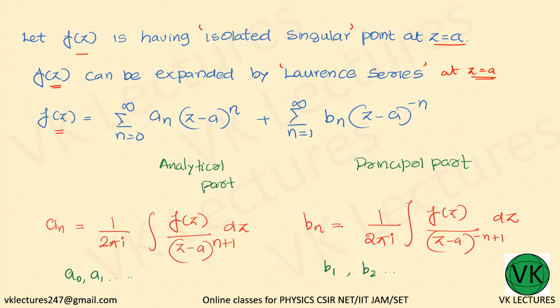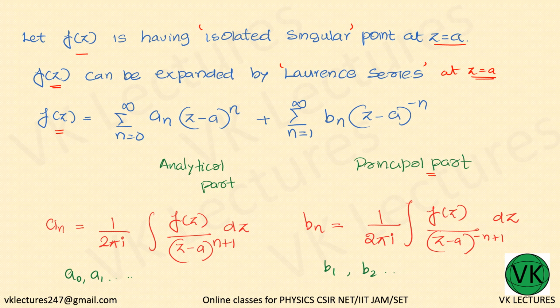F of z can be written as sum over n equal to 0 to infinity a_n times z minus a to the power n plus sum over n equal to 1 to infinity b_n into z minus a whole to the power minus n. The first part is the analytical part, and the second one is the principal part.